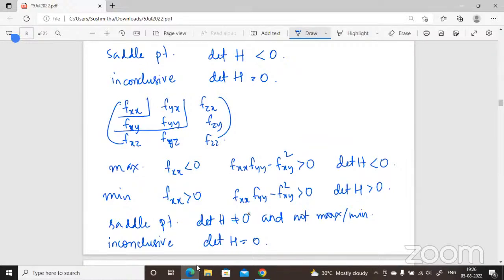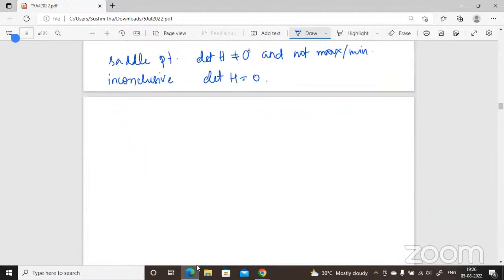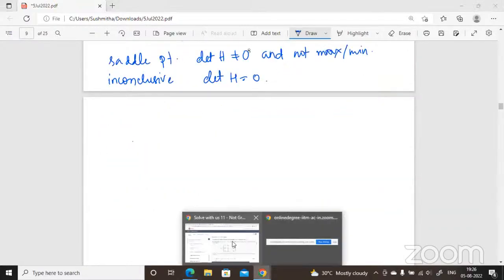Ma'am, if fxx fyy minus fxy whole square is less than 0, then it's a saddle point, right? Yeah, if any one of these, if these two cases don't happen, then it is a saddle point. So if this is less than 0, even that comes under saddle point. Okay, so this was differentiability.